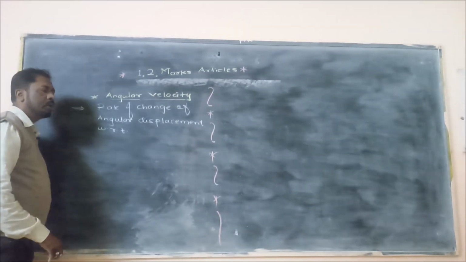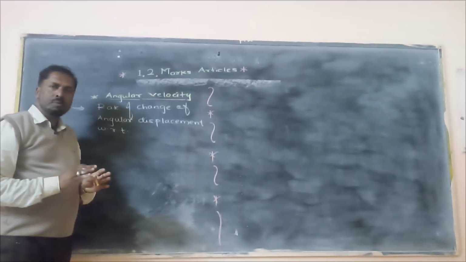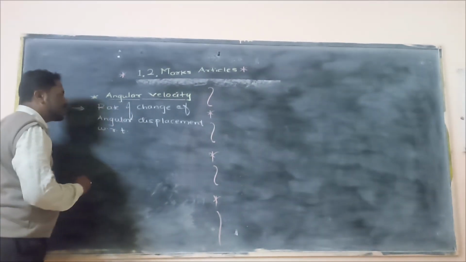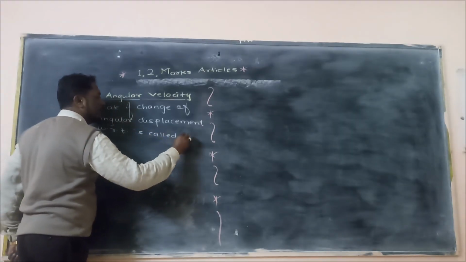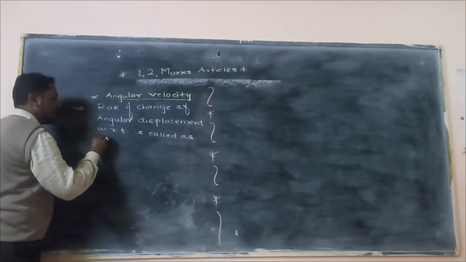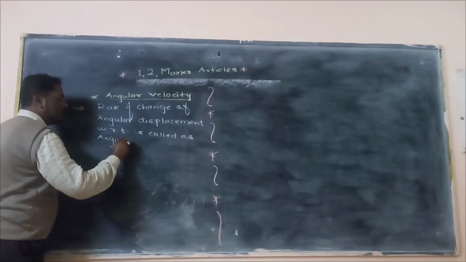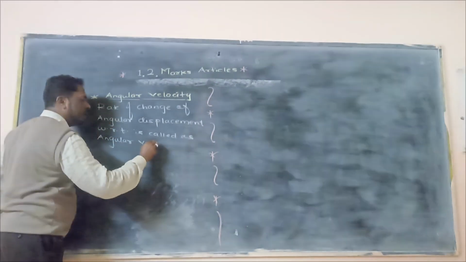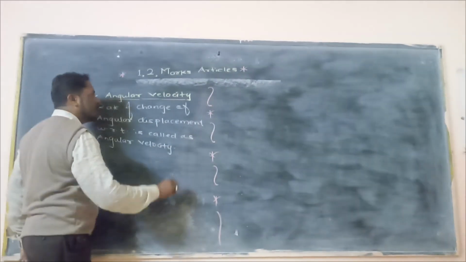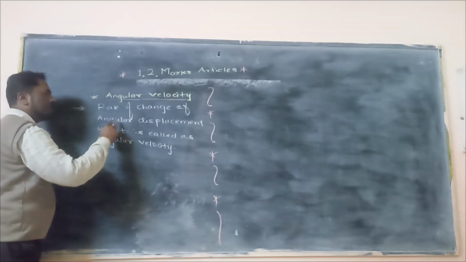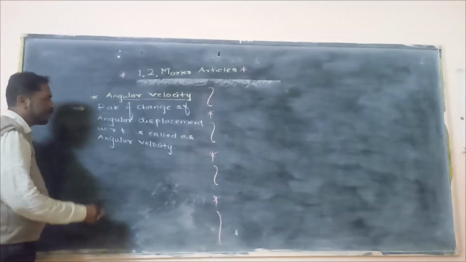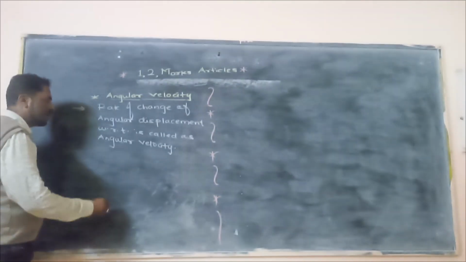The rate of change of angular displacement with respect to time is called angular velocity. So angular velocity is nothing but the rate of change of angular displacement with respect to time.